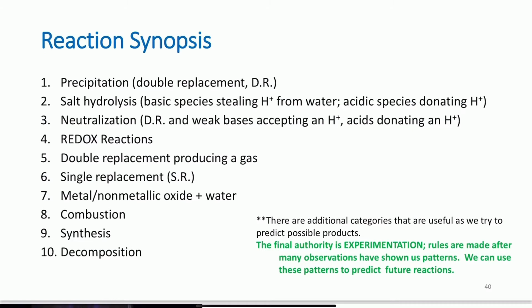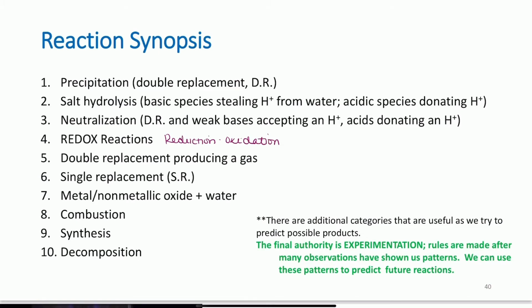They form hydroxide in solution. So only weak bases are actually accepting those protons. We have redox reactions. Redox stands for reduction oxidation. We usually call these oxidation reduction reactions or redox reactions. You'll delve a lot more into redox reactions in second semester, but we do introduce them now.